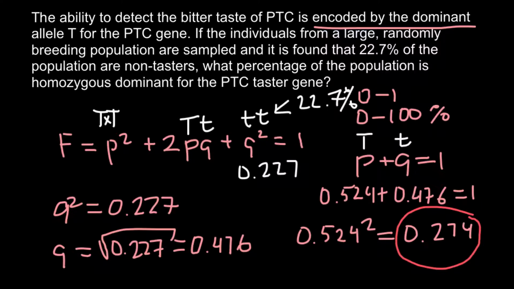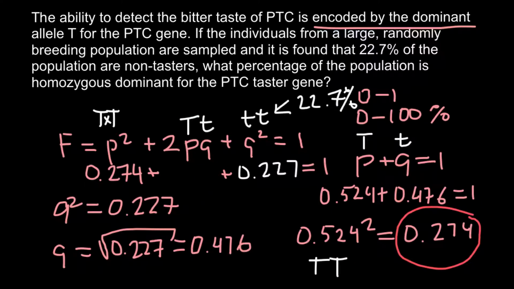We have found the frequency of the homozygous dominant genotype in this population: 0.274. And now, if we know the frequency of the homozygous recessive genotype and of the homozygous dominant genotype, it is easy to find the frequency of the heterozygous genotype. We just add these two numbers and deduct from 1.